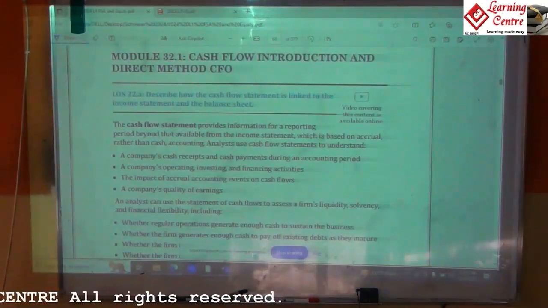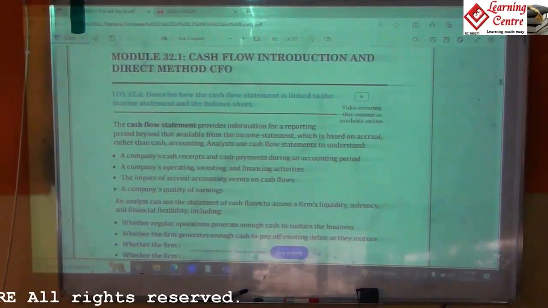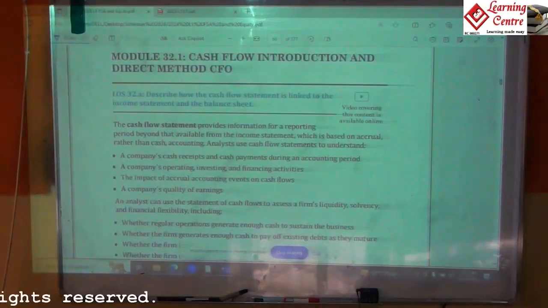So the best method to use is the direct method, but most companies use the indirect method. So there are two methods, direct and indirect.